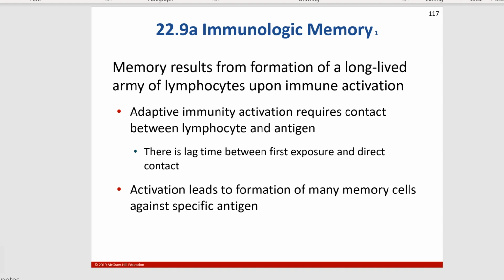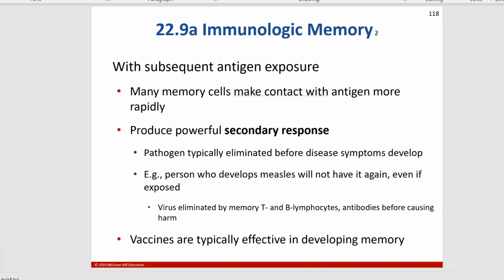The second time, those antibodies get made right away, and the T cells go into action right away, before the infectious agent even has a chance to take hold and cause disease. So you get a powerful secondary response, every subsequent time, not just the second.